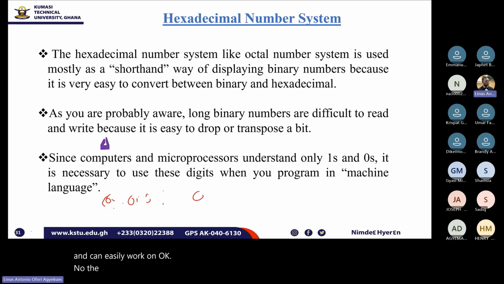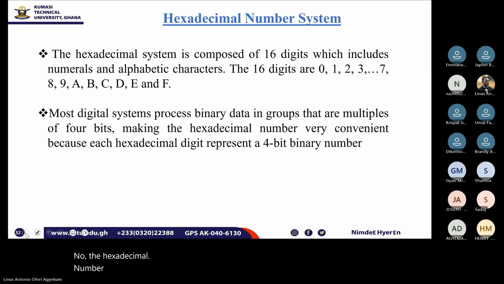number system is composed of 16 digits, which includes numerals and alphabetic characters.